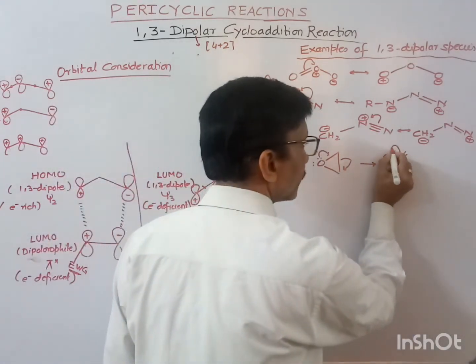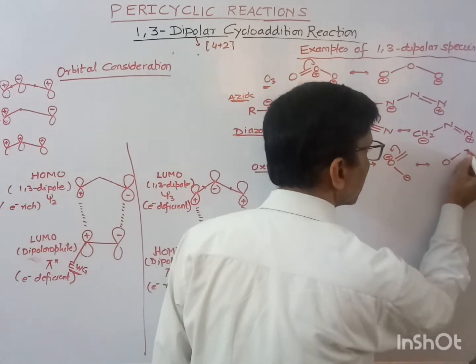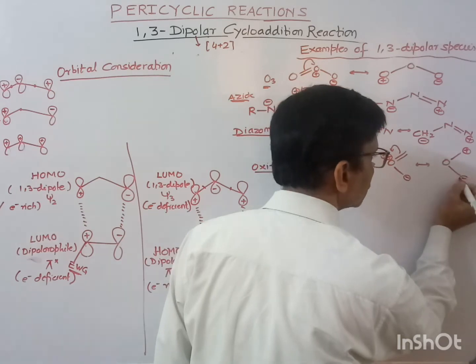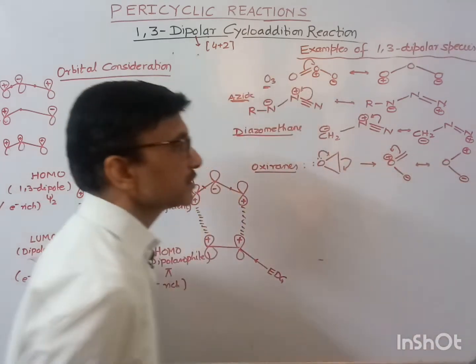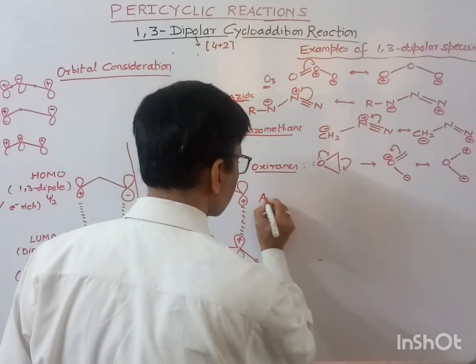Now this is a 1,3 dipolar species, like this, with a positive charge here and a negative charge here. So this is another example, for oxiranes.